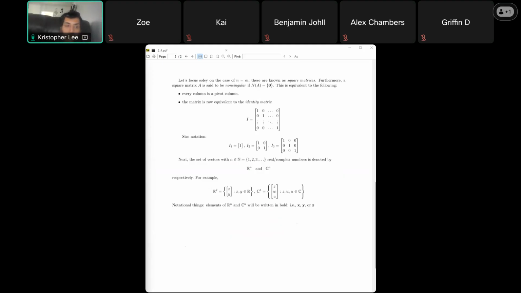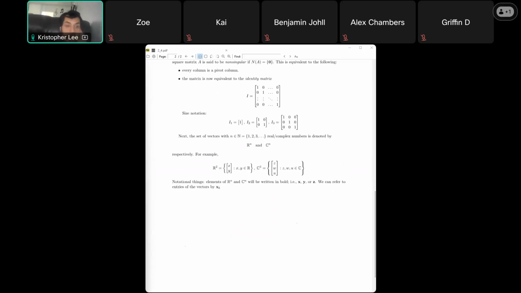And to refer to entries of the vectors, we can write the vector with a subscript indicating which specific element in that list I am interested in.